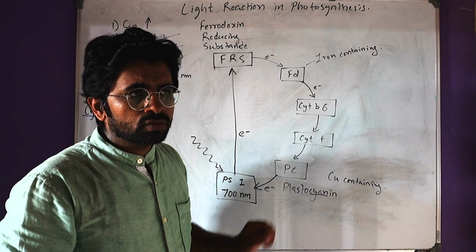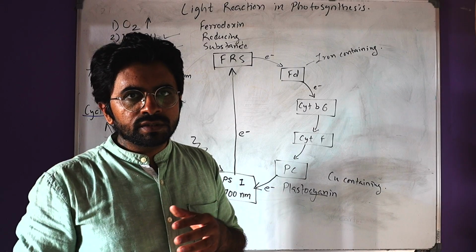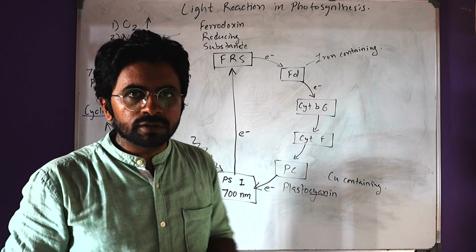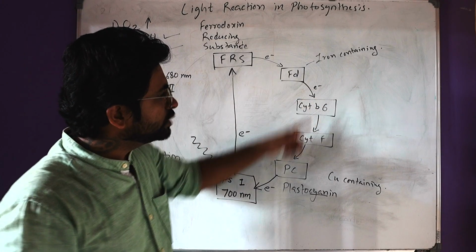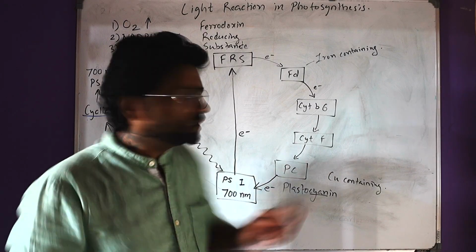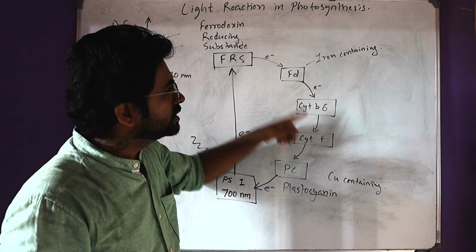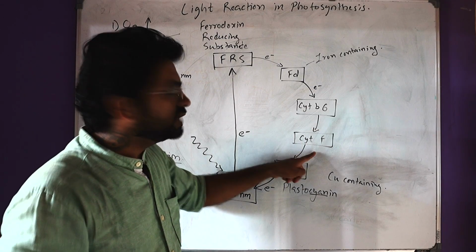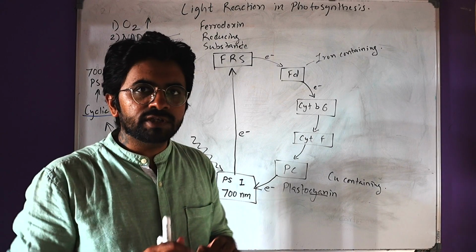So if the electron does not have energy, why is it going forward? Because there is a relative increase in the affinity towards electron in these proteins. Less affinity, relatively more affinity, even more, and plastocyanin will show maximum affinity towards electron.